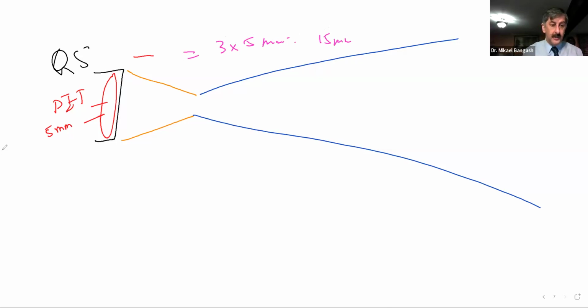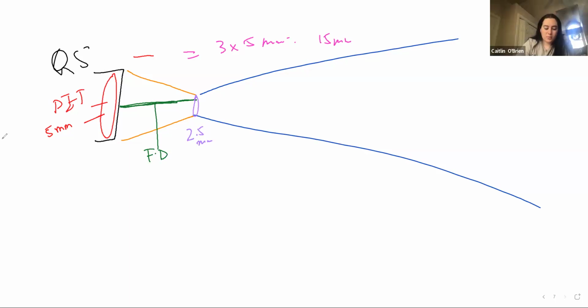Now, guys, what we know here is that at the focal depth, the diameter of the beam is going to become half, which is 2.5 millimeters. Did you guys get that?